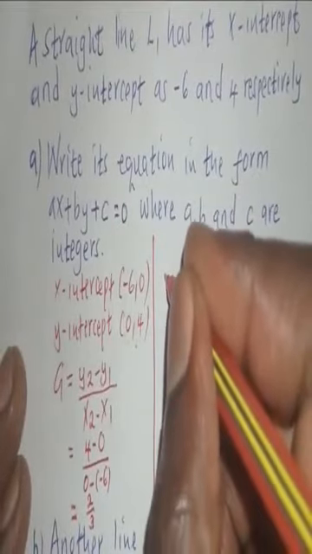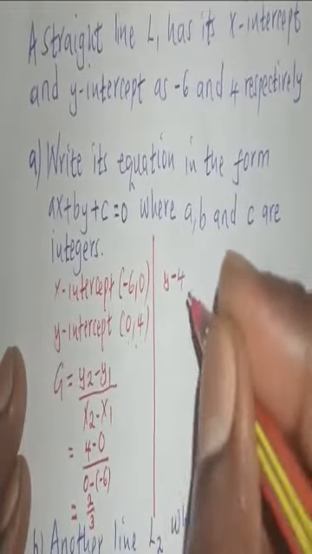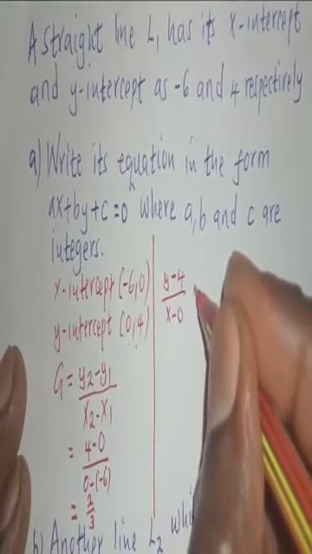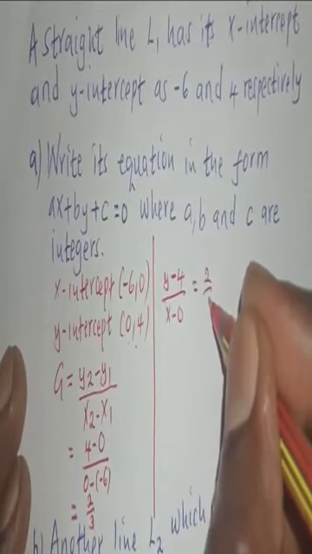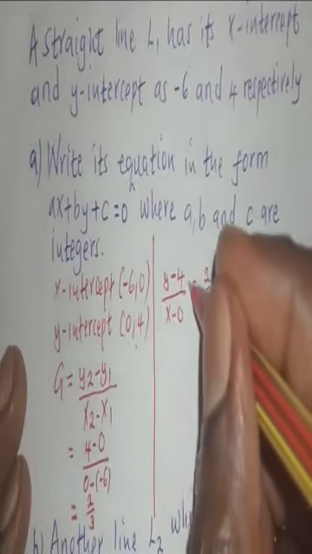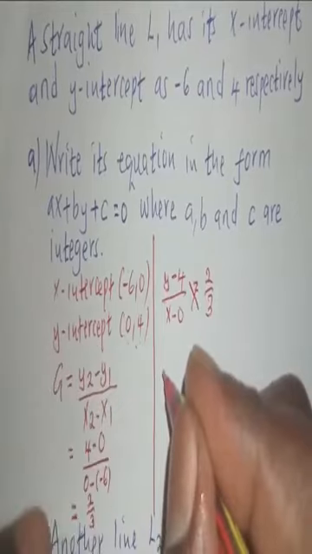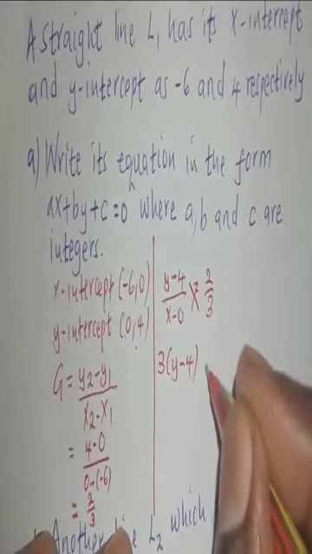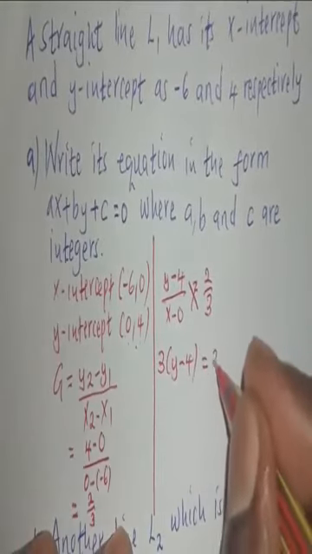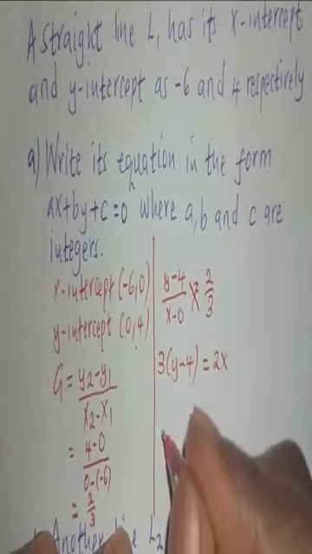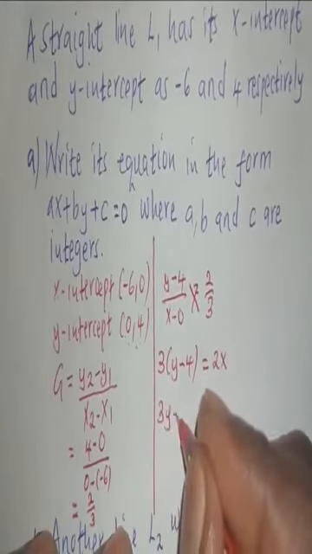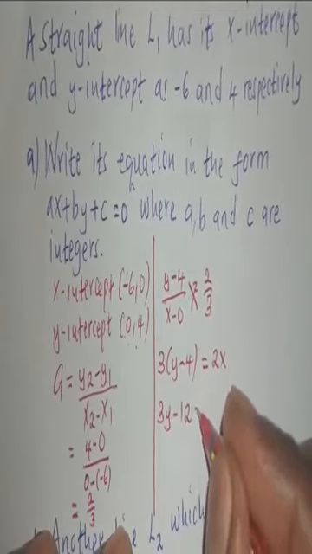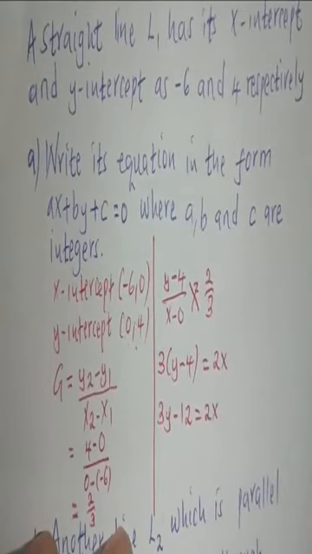So now y minus 4 over x minus 0 equals 2 over 3. So we cross multiply: 3 into y minus 4 equals 2x. So this will be 3y minus 12 equals 2x.